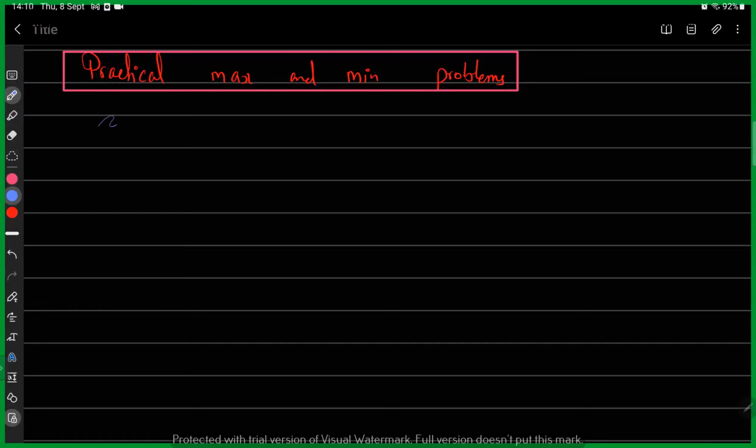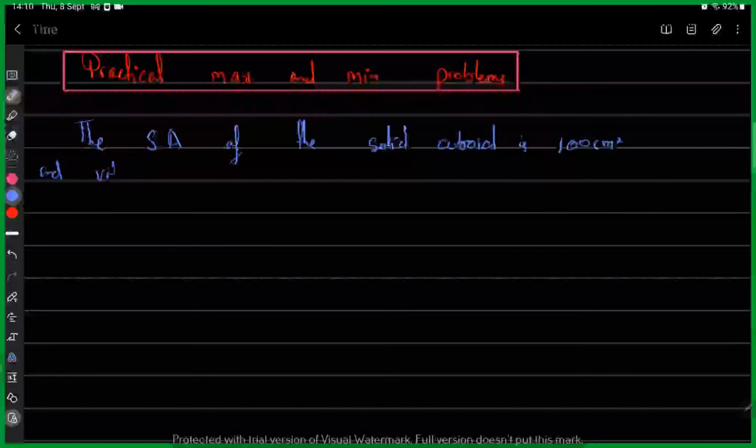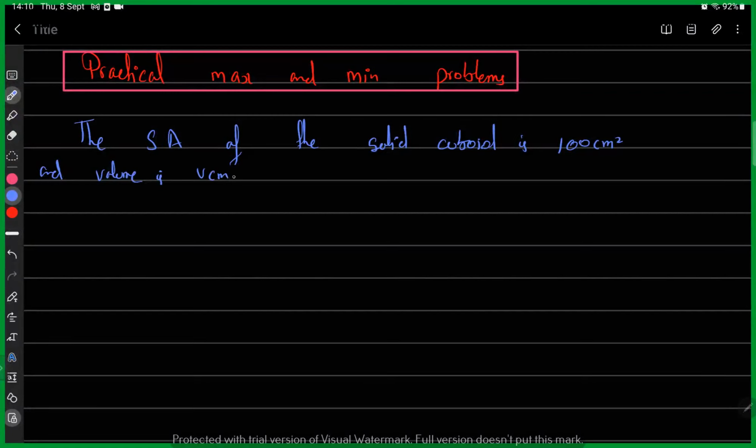Now, you basically have a cuboid. The question says the surface area of the solid cuboid is 100 centimeter square and the volume is V centimeter cube.